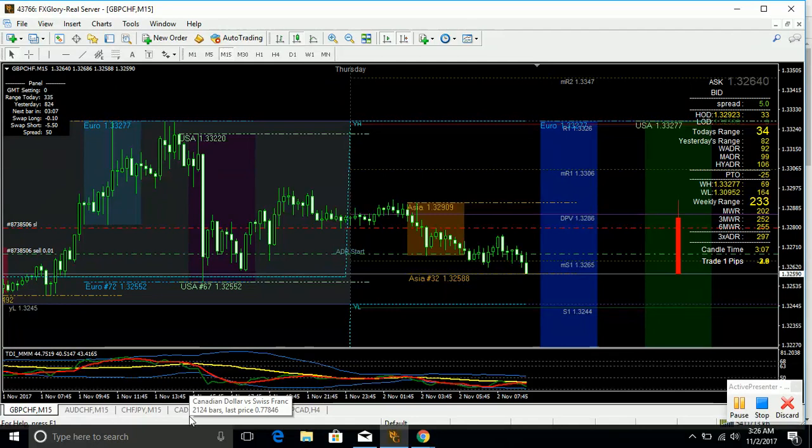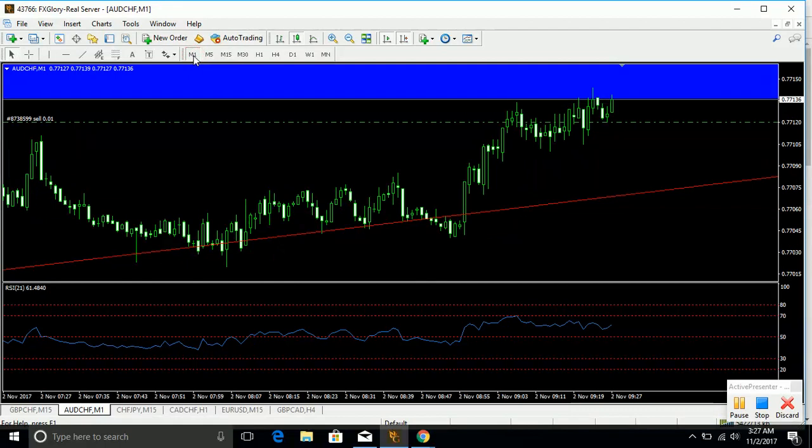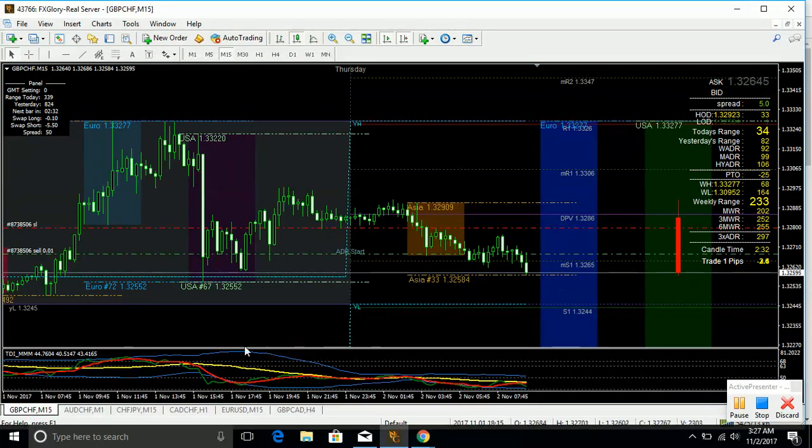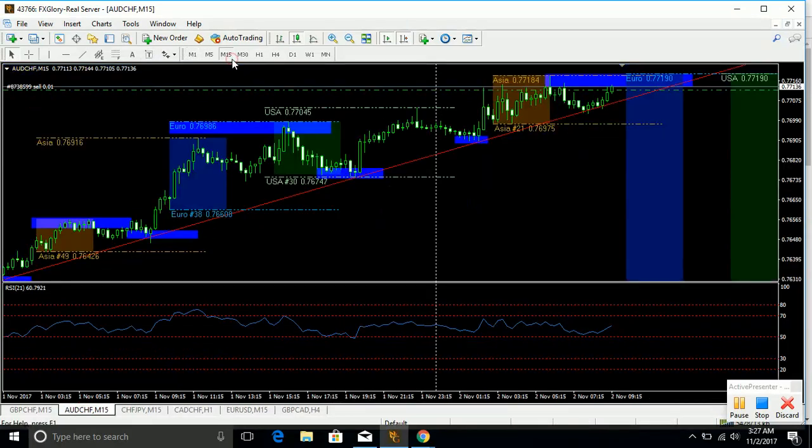Hey Gucci, were you able to take this pound CHF trade? The pound CHF and the Aussie CHF, it's pretty good to get in now. So here's the pound CHF and here's the Aussie CHF. Aussie CHF is right here, playing at our entry, hasn't broke away yet.